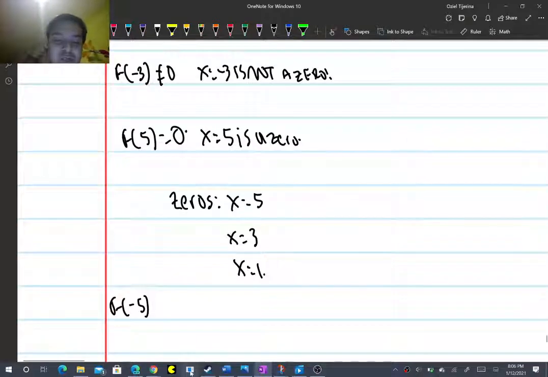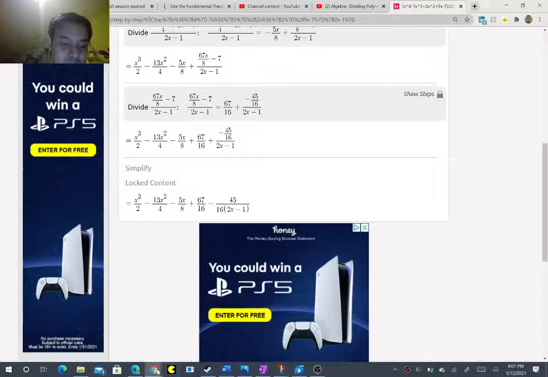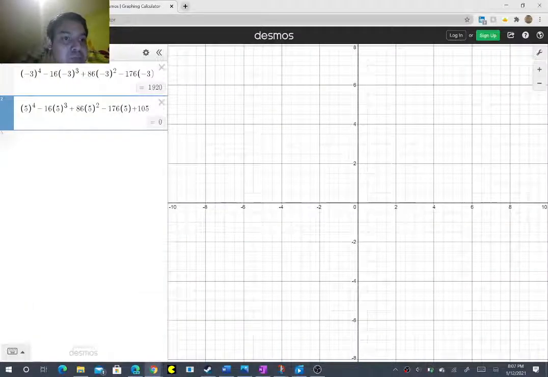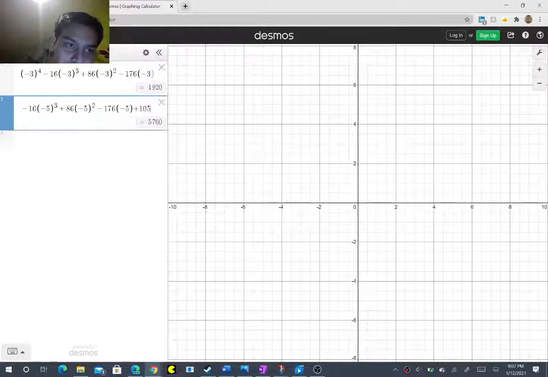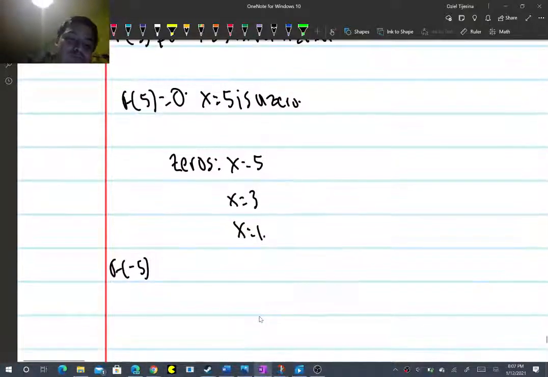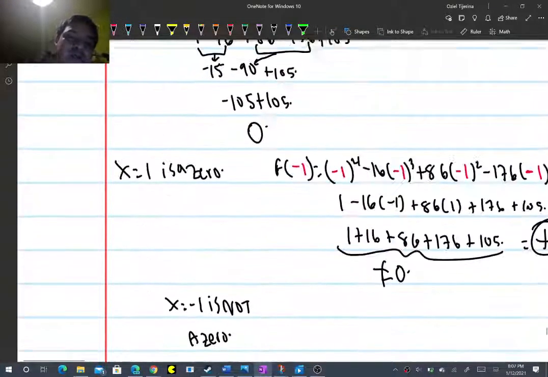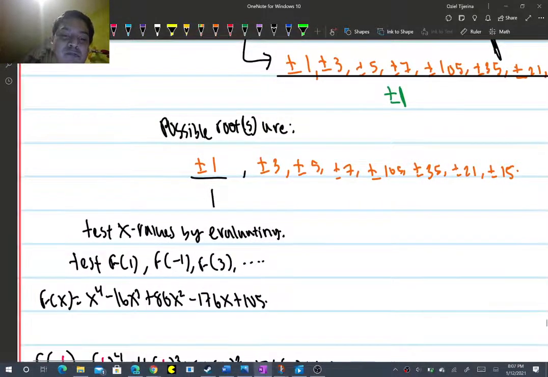If I just replace every part with -5, we can see that it's not a 0, okay? So f of -5 does not equal 0, so x equals -5 is not a 0.